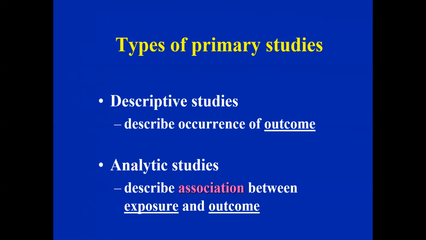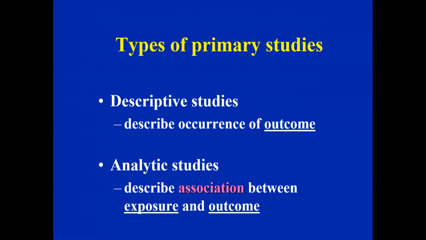For descriptive epidemiology, we also have what we call descriptive studies, which really focus on describing things. And mainly for descriptive studies, we're just worried about the occurrence of the outcome. We're not really looking at the relationship between the outcome and anything else. We're just focusing on who has the disease, the person, the place, and the time.